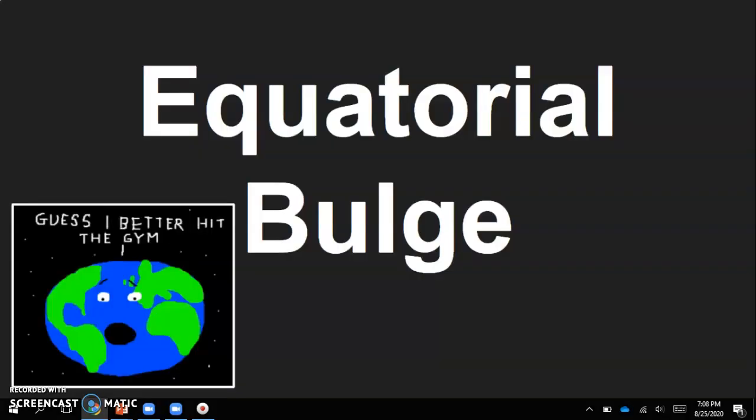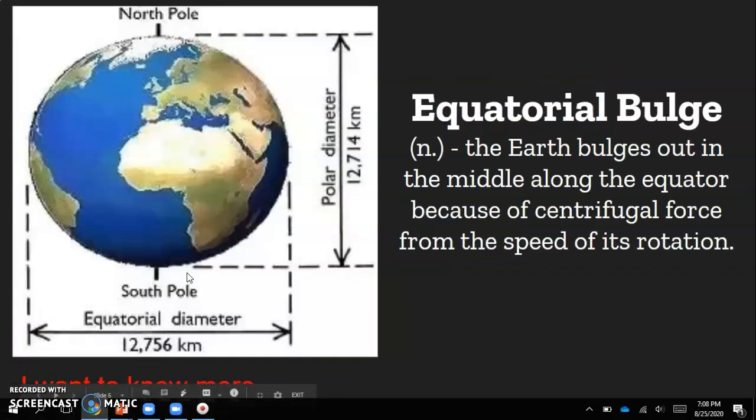But there is something called an equatorial bulge that we have to talk about. And this little guy down in the left-hand side says, I guess I better hit the gym, because he's got kind of a little bulge in his midsection right around the equator. So what is this? The equatorial bulge is when the Earth bulges out in the middle along the equator because of centrifugal force from the speed of the rotation.